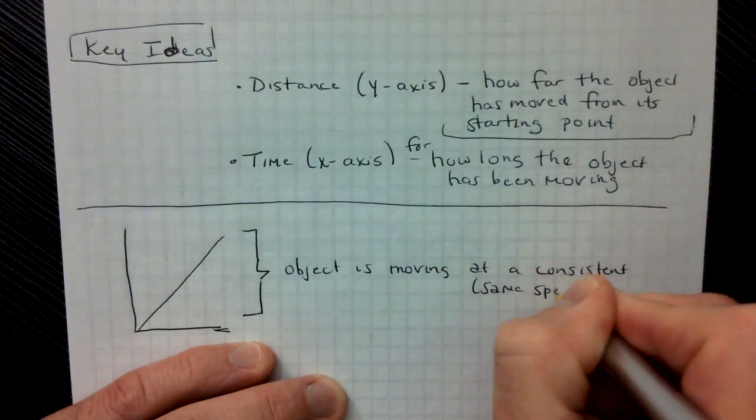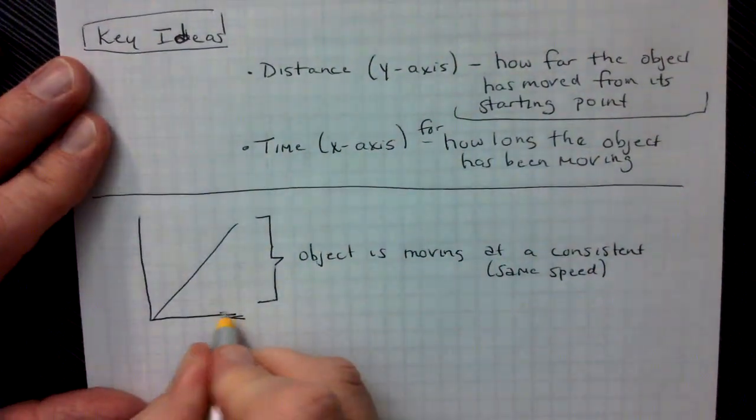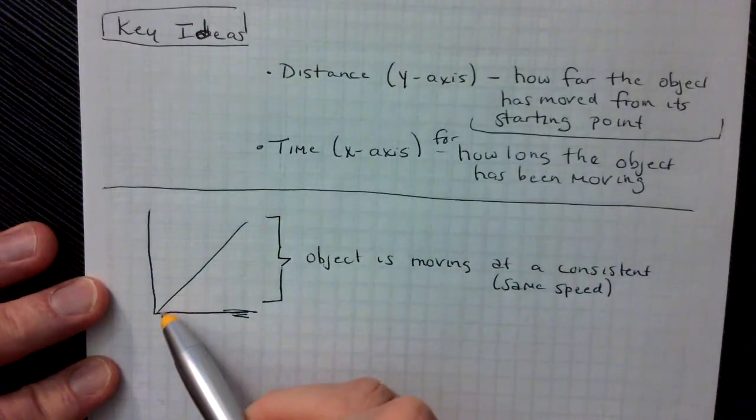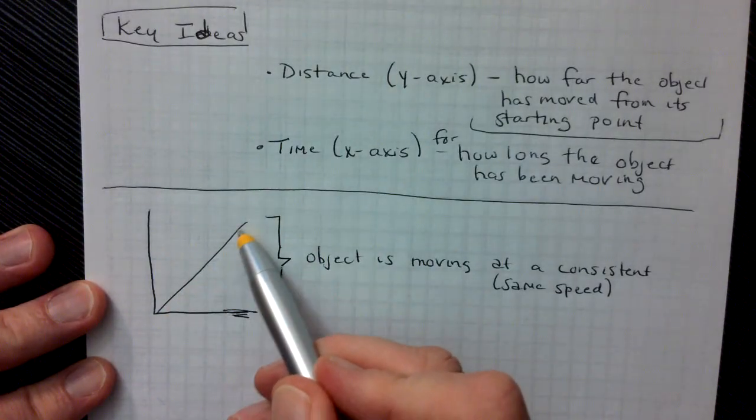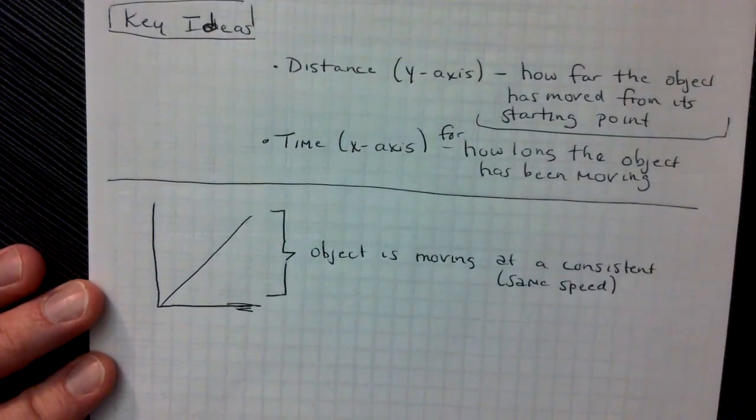I'm going to show you that here in just a second. We're going to calculate it to prove that this is correct. So the object is moving at consistent speed when it has a straight line like this, moving up on the upper diagonal.